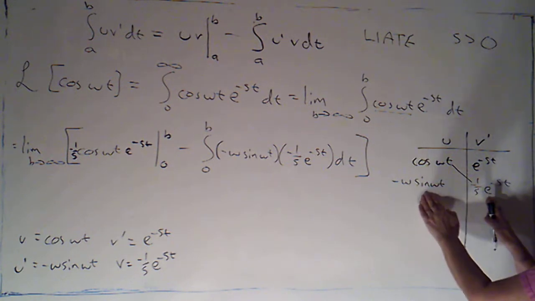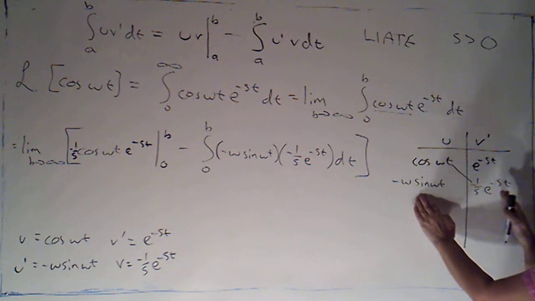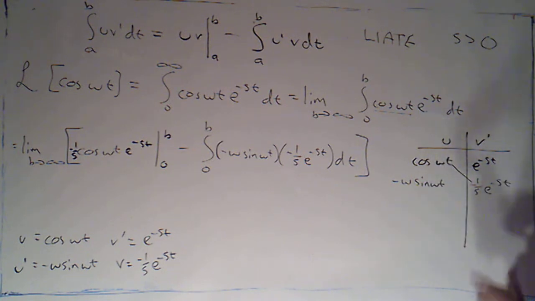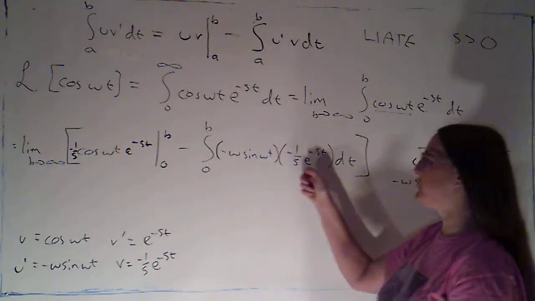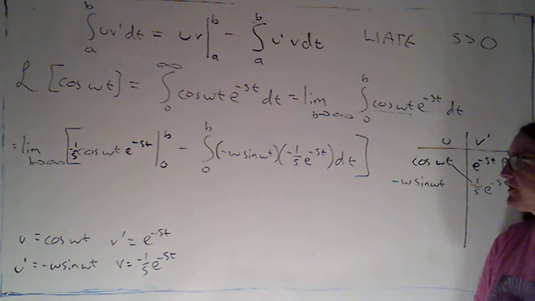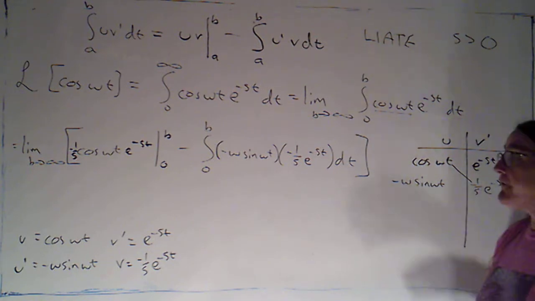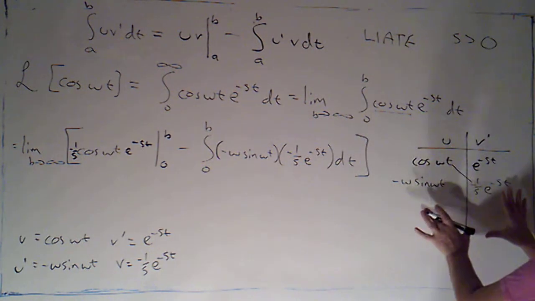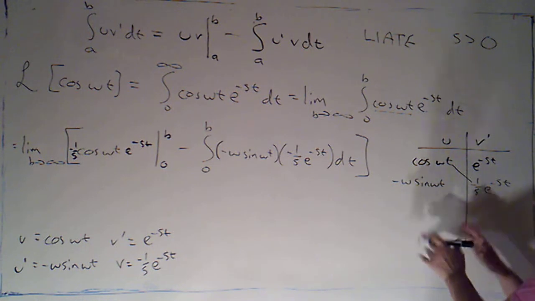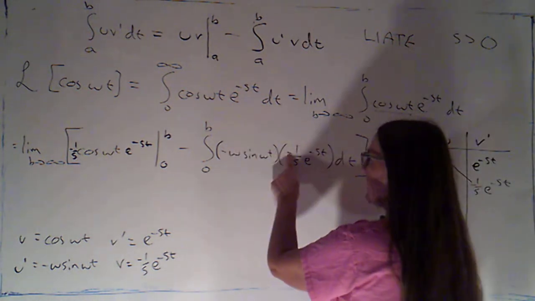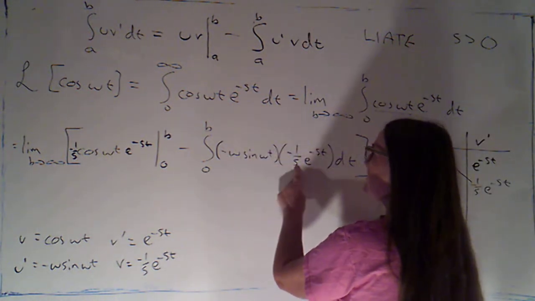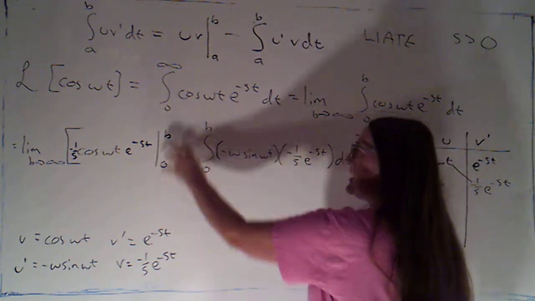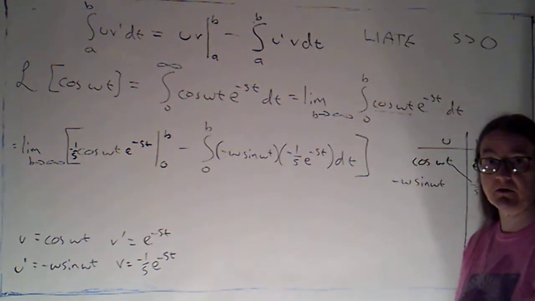And now this is going to be the new u times v that I'm going to use, because I'm going to have to obviously do integration by parts again, because I still have a product of a trig function and an exponential function. Now, if I were doing this without what eventually is going to be a shortcut, I would let those two negatives cancel. I would take this omega and this 1 over s, which are just constants, and I would factor them outside of the integral.